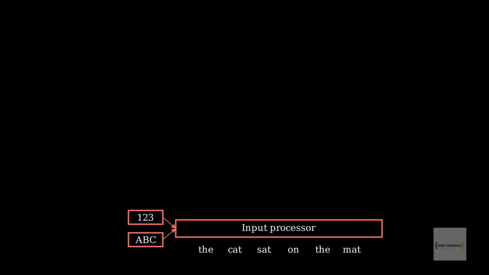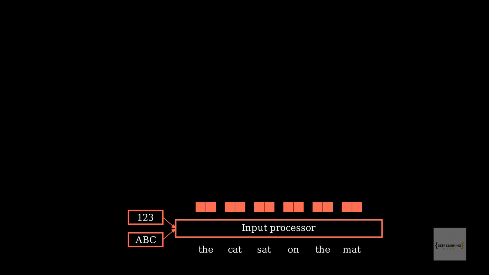The token embedding and the positional embedding are added together to get the final embedding. Don't worry if you don't understand fully yet. We will soon dive in. The sequence of text goes through the input processor, which generates an embedding for each token. In our case, we have 6 words, so we get 6 embeddings out.